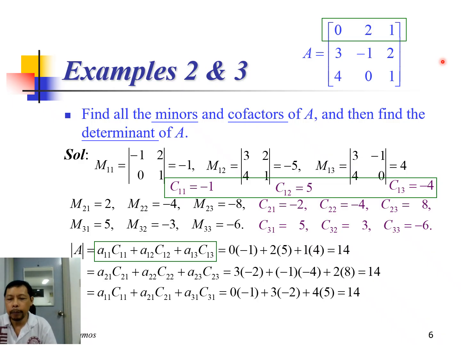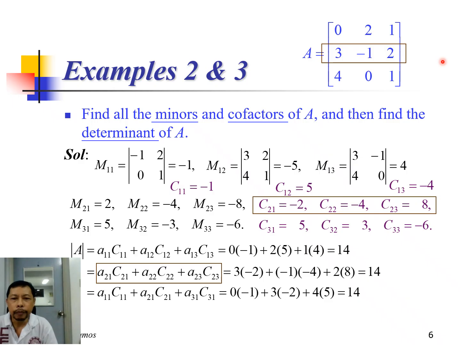So if we expand about the second row, this is element A21 times its cofactor C21 plus element A22 times its cofactor C22 plus element A23 times its cofactor. So we simply substitute the values of these variables.